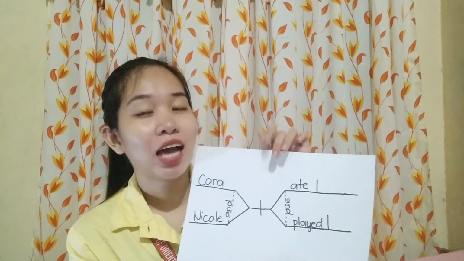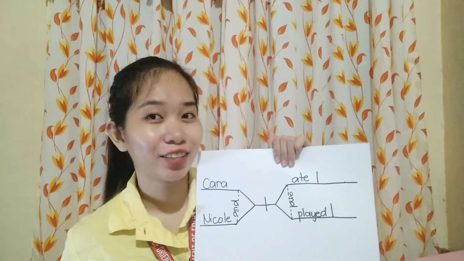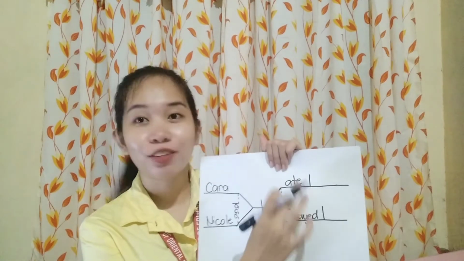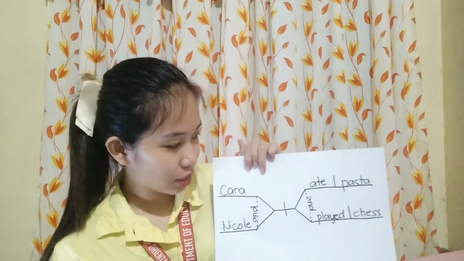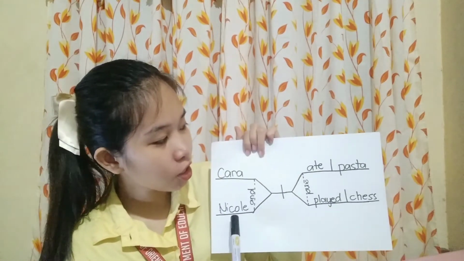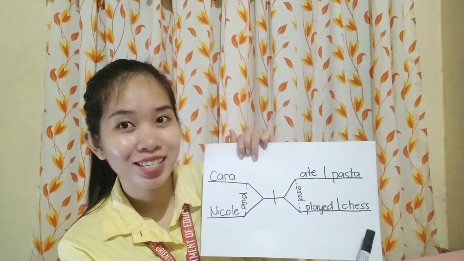So that is how to place a direct object in the sentence diagram. And we will place the direct object right after our vertical line. In the sentence, it will be Kara and Nicole ate pasta and played chess.